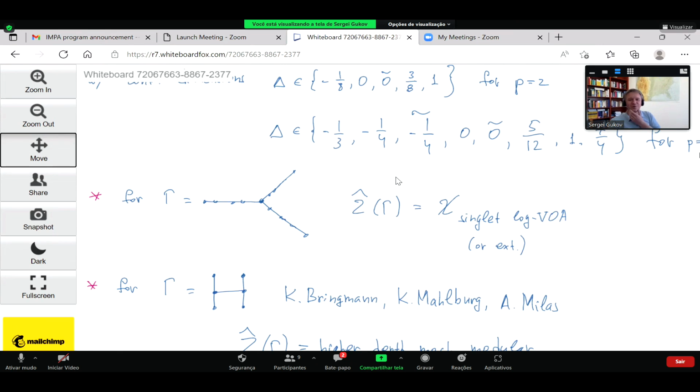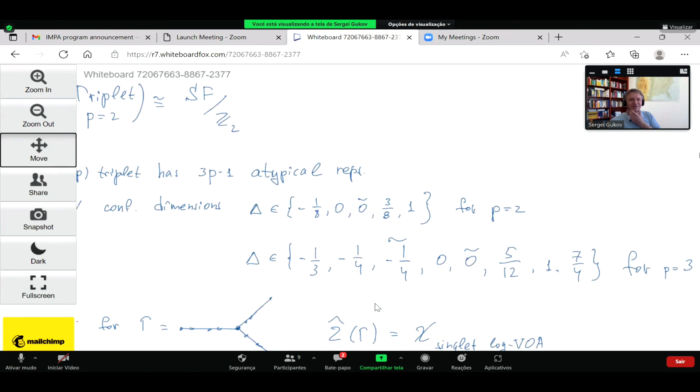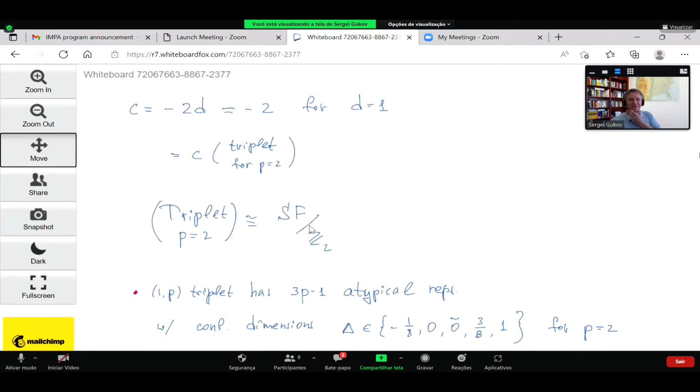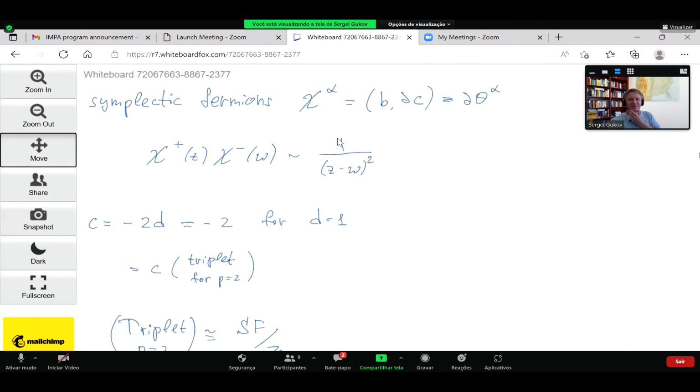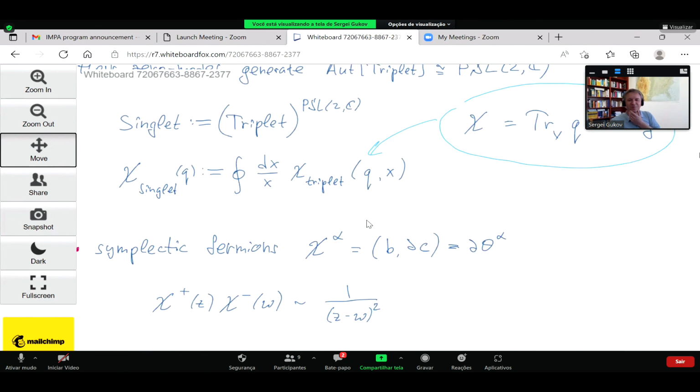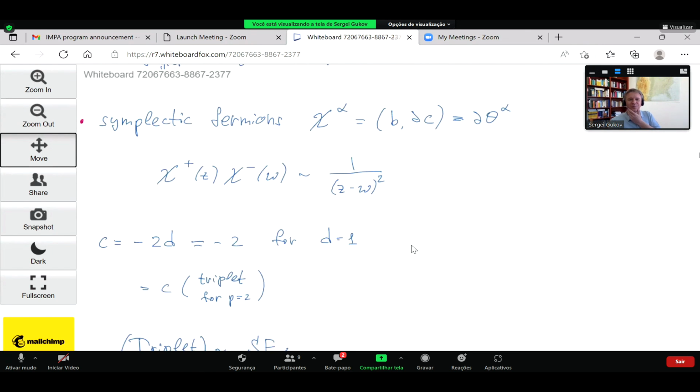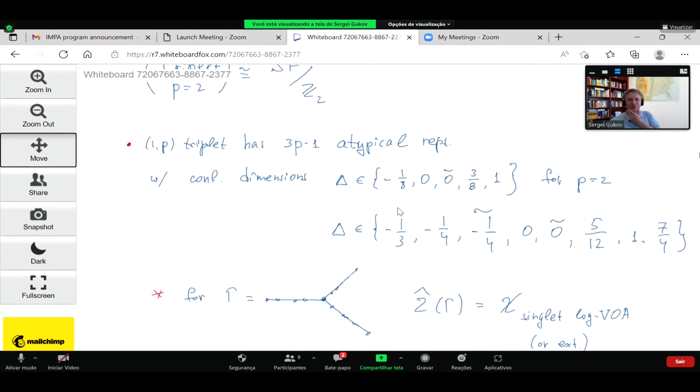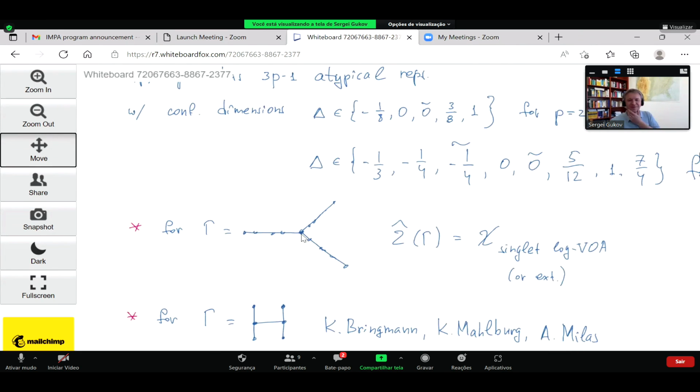We also know, and I did write this somewhere, that the character of the singlet is basically an analogous integral of the triplet when we integrate over some x. So from this, you can actually guess what's going to happen. In order to get the triplet, you don't want to integrate one of the vertices in this graph, namely the central one. If you integrate everybody else, but not this fellow, you get exactly the triplet character.